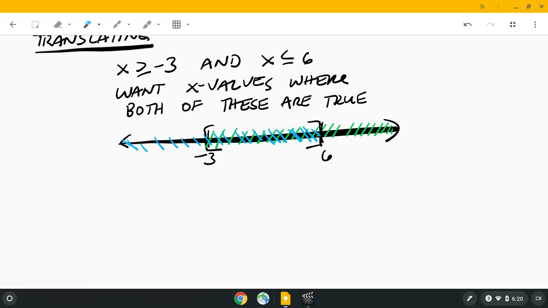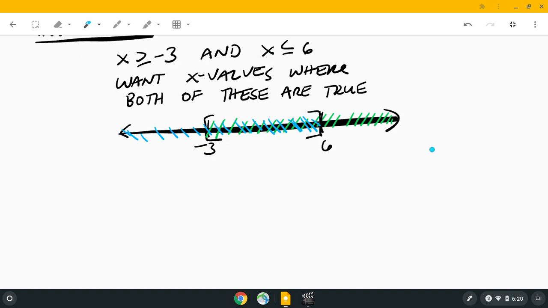Again, you can think of this as set A. Set A is made up of all the green, and this is set B, which is all of this in the blue. And we want the intersection of these two. So we want where they have common solutions, right?